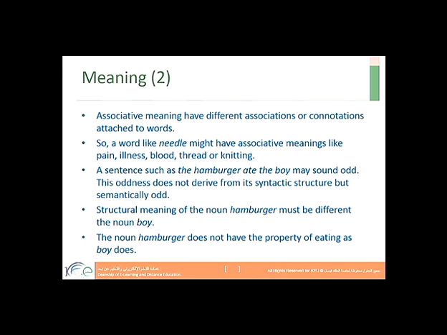We can't say that the hamburger has this property, unlike human beings, unlike the boy who has this function of eating a hamburger. So once we get this understanding, we can easily identify that this sentence from a semantic point of view is incorrect. We need to move the boy to the front, to the beginning of the sentence. So we say the boy ate the hamburger.